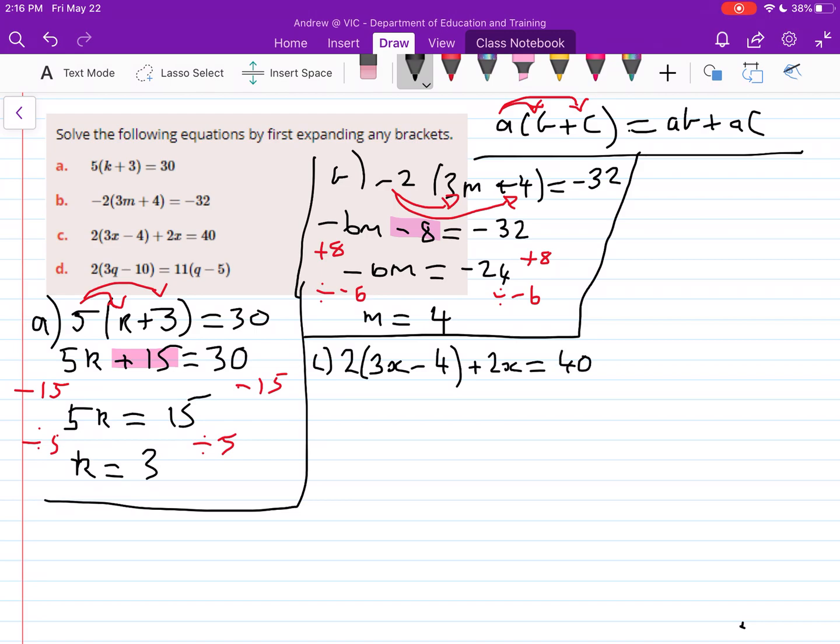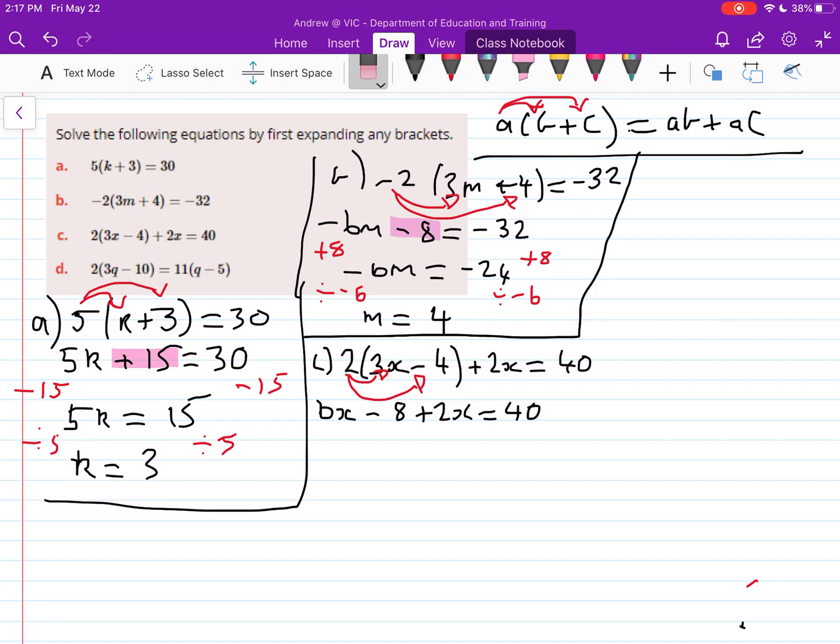So, yet again, we use our distributive law to expand out this bracket: 2 by 3x, then 2 by negative 4. So, 2 times 3x is 6x. 2 times negative 4 is negative 8. Then we've got plus 2x is equal to 40.